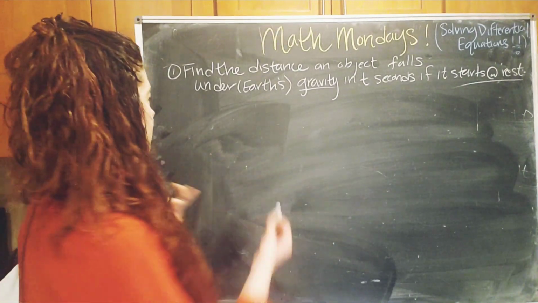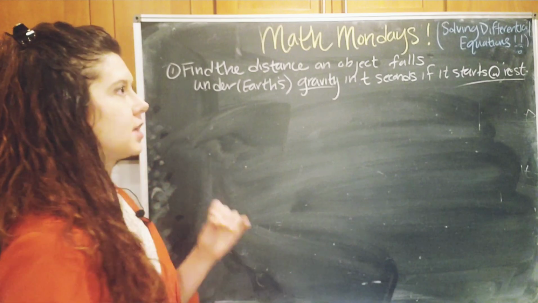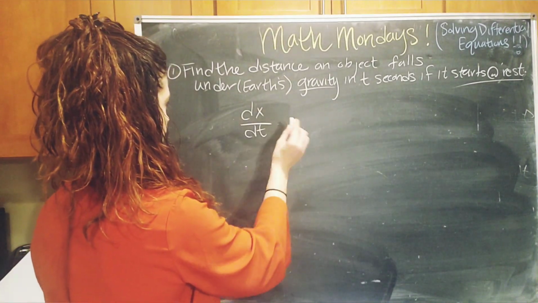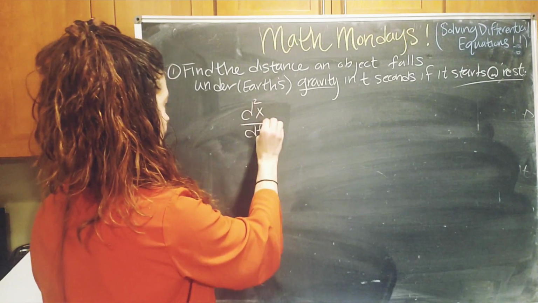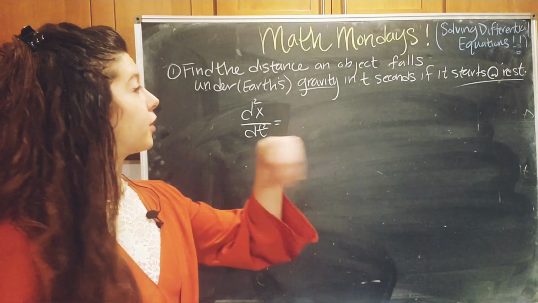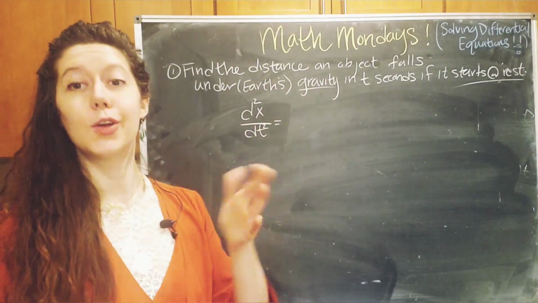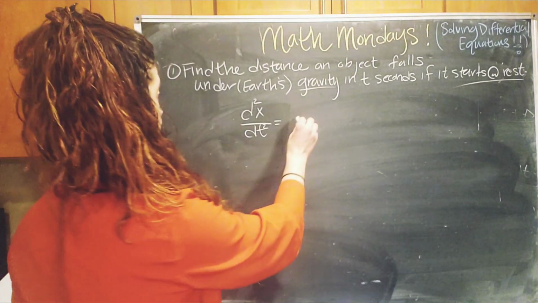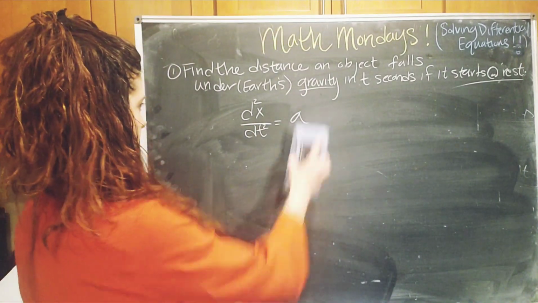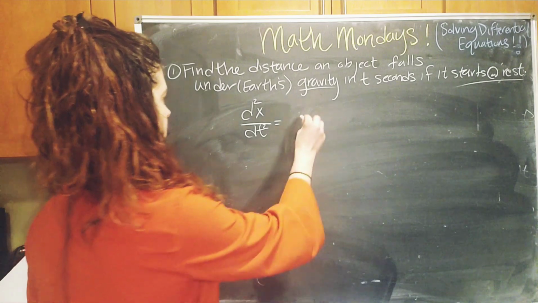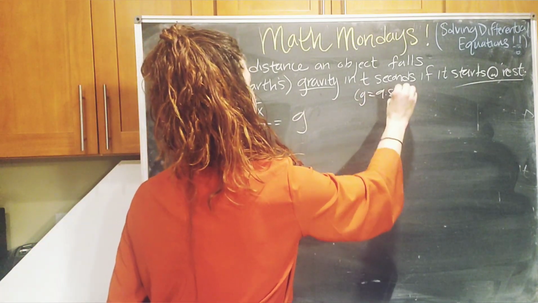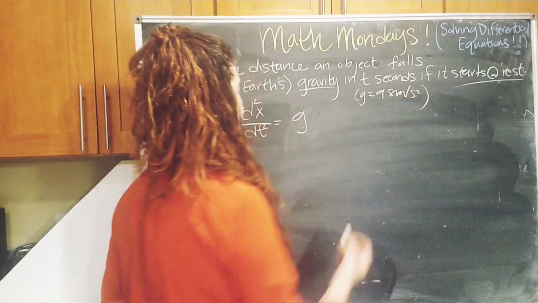And so in physics, we know that the velocity of a particle can be described like this, and the acceleration of a particle can be described like this. And since we're dealing with motion due to gravity, gravity is an acceleration. So we want this equation where a is actually just the constant g, where g equals 9.8 meters per second squared.